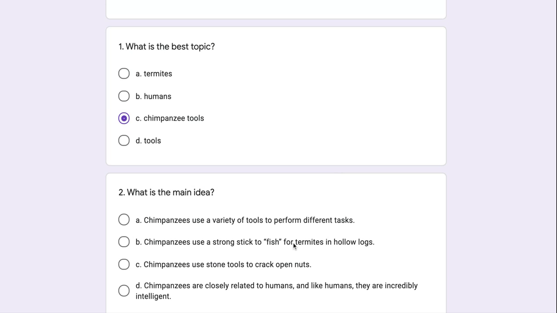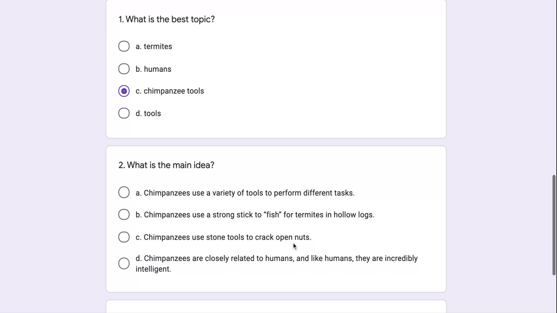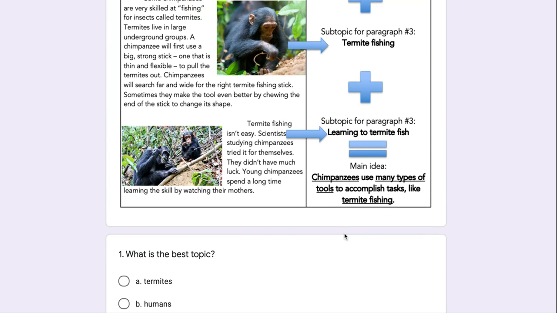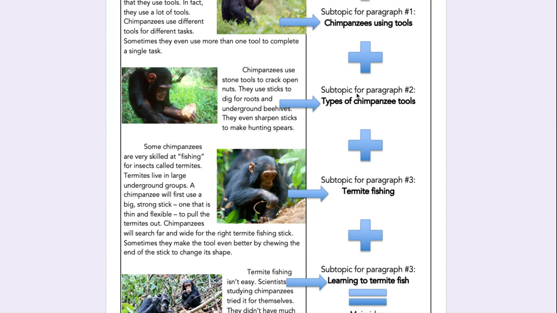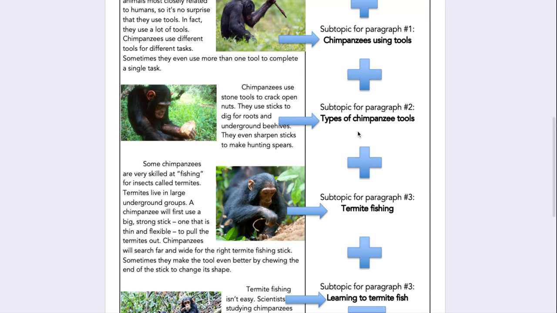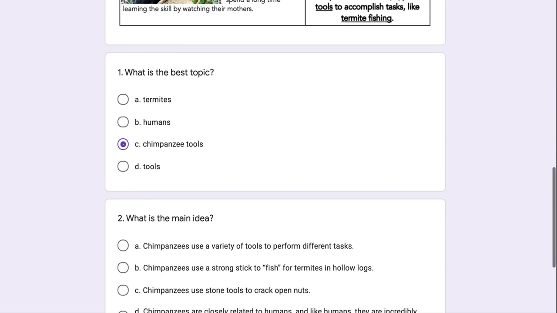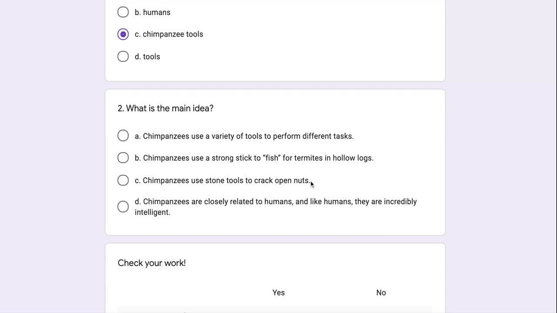That means B also has 2 pieces of evidence to support it. Let's look at C. Chimpanzees use stone tools to crack open nuts. Well, I see that in paragraph 2, it's talking about the types of tools that chimpanzees use, such as stones. This looks like that option choice has 1 piece of evidence to support it.